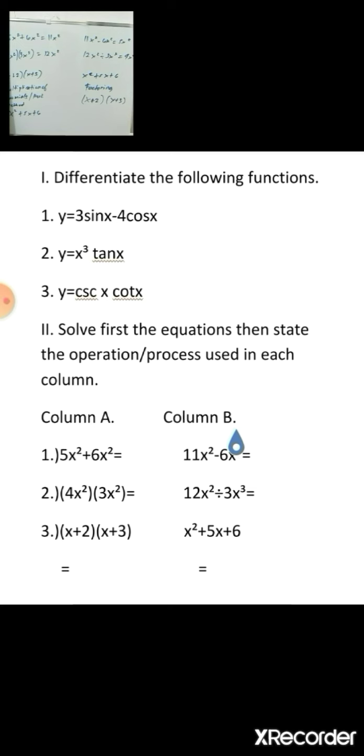It is the operation or process that we use. How is column A related to column B? Column B is the inverse of column A.